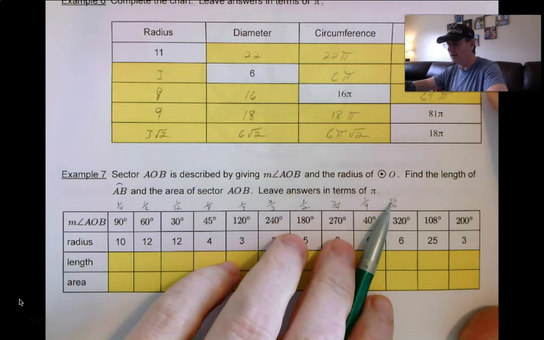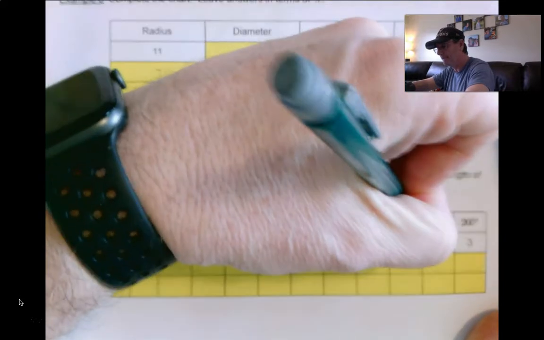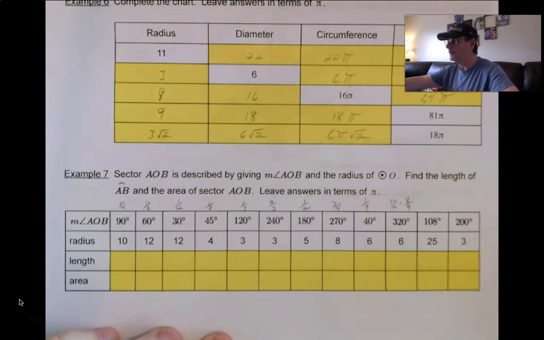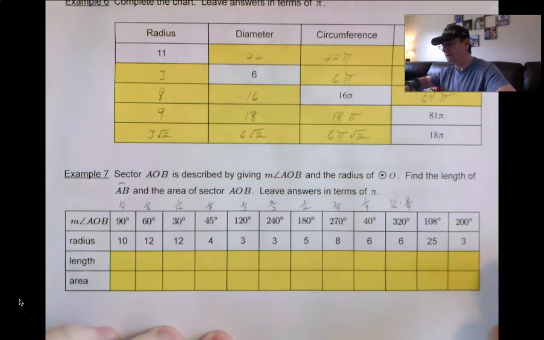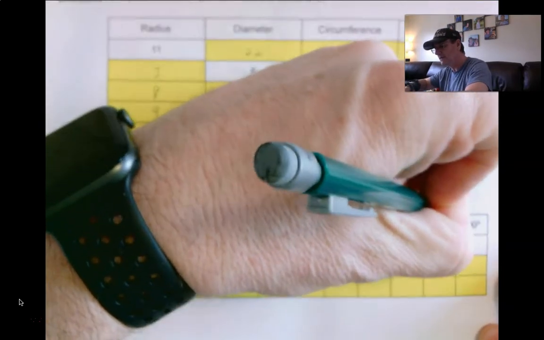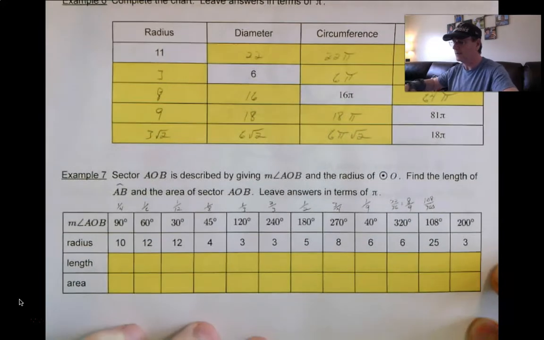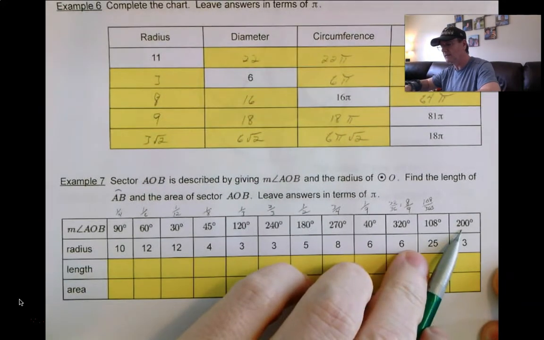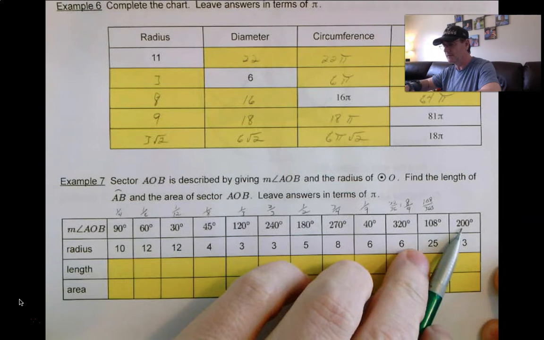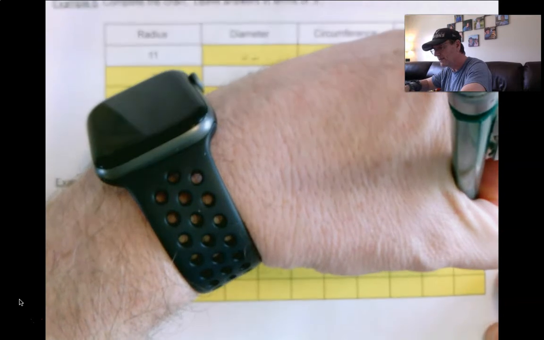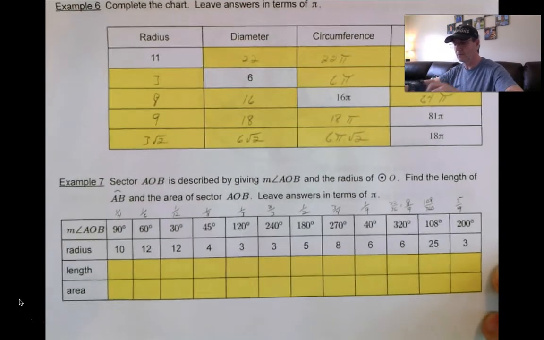So we get 8 over 9, sorry, 8/9. 108 over 360. You know what? I'm just going to leave it as 108 over 360. I know it reduces. I'm going to leave it. 20 over 360 is going to be 20 over 36, or 10 over 18. Let's see, 4, 5 ninths. Okay.